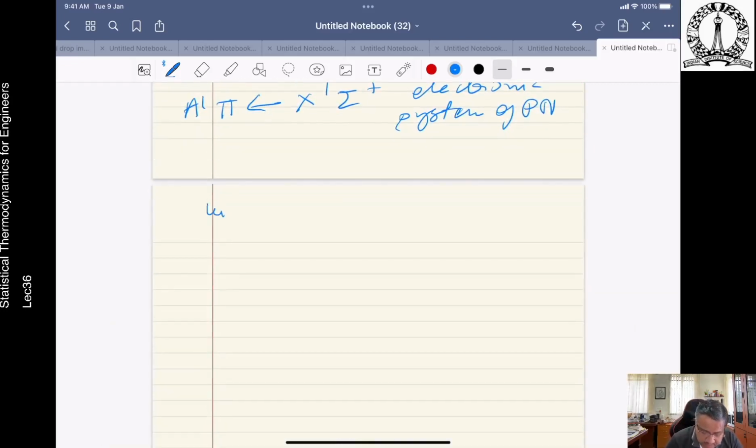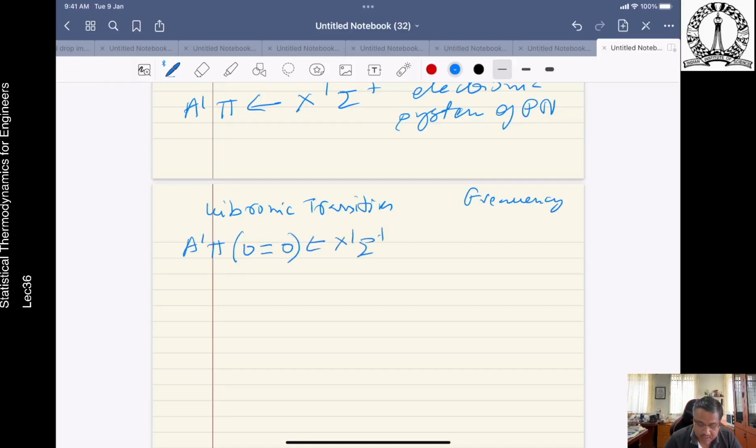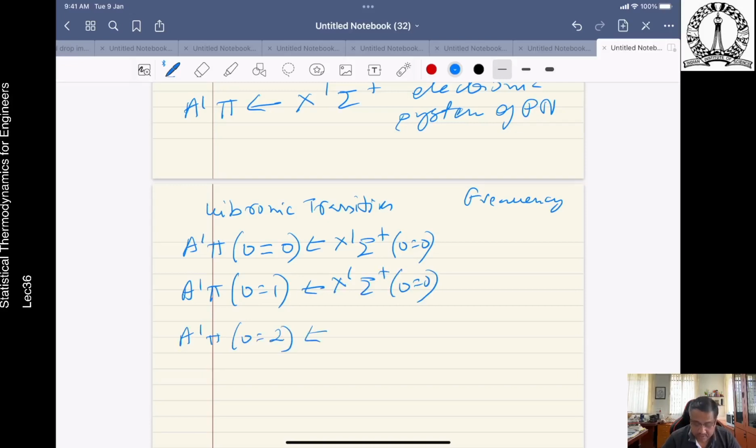The vibronic transition is given like this: vibronic transition, then frequency. A1 pi, v prime equal to 0 to X1 sigma plus, v double prime equal to 0. Then A1 pi, v prime equal to 1, and then A1 pi, v prime equal to 2, to X1 sigma plus, v double prime equal to 0.